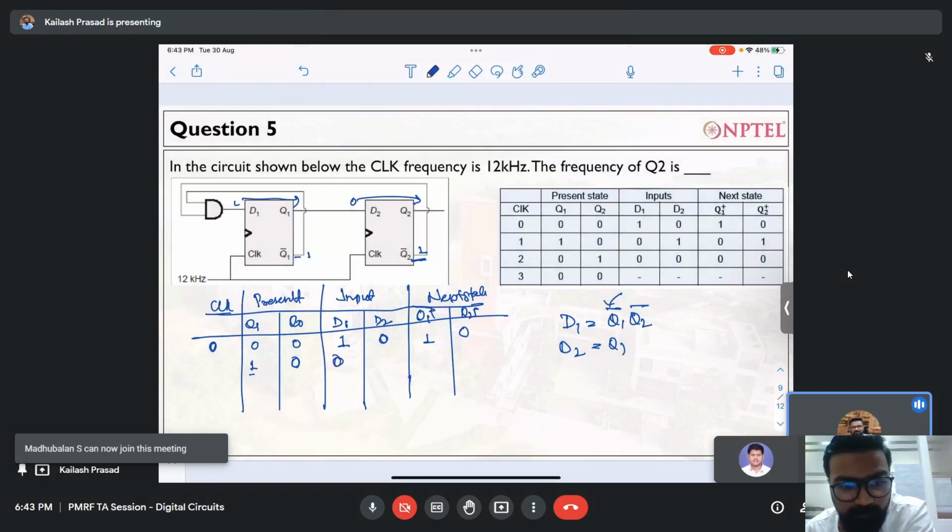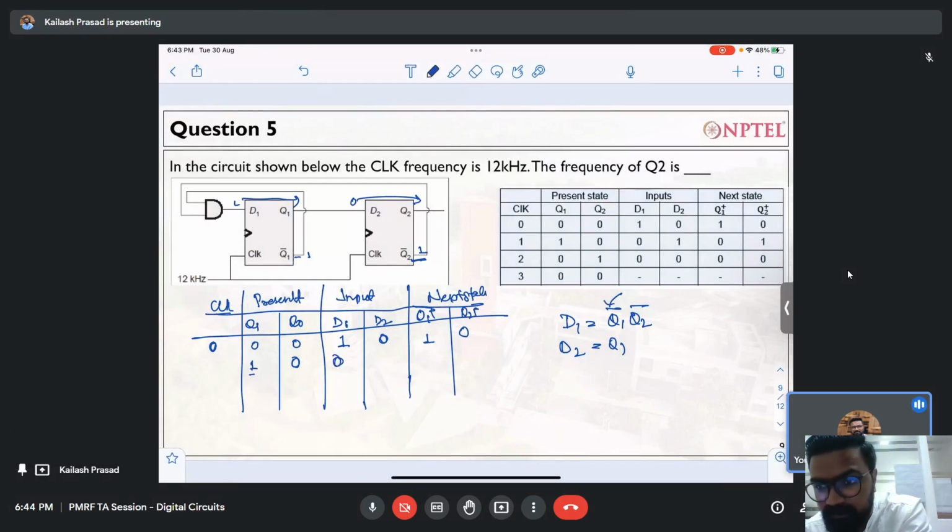And d2 is q1, so d2 will be 1 because q1 was 1. Now the next state: the 0 which is in d1 will go to q1, so this will be 0, and this 1 in d2 will go to q2. So now this 0 1 will become your next state.